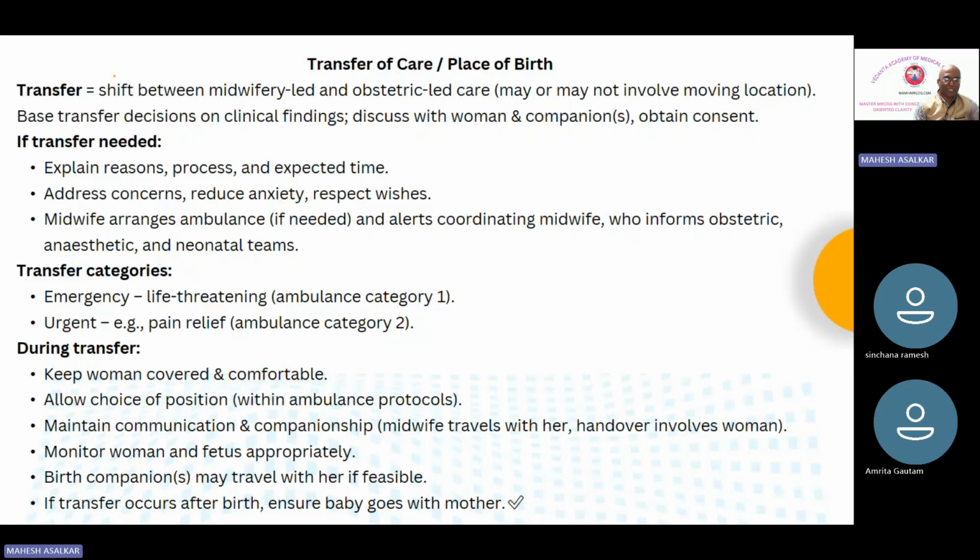The midwife will accompany her and give the handover to the concerned midwife over there. Monitor woman and fetus appropriately. A birth companion may travel with her if feasible. And if transfer occurs after the birth, ensure that the baby goes with the mother. Again, there are no SBAs asked up till now on this particular topic.